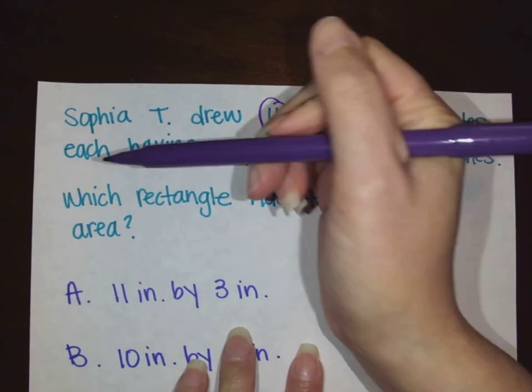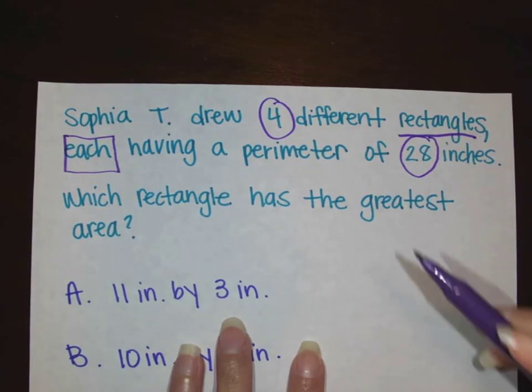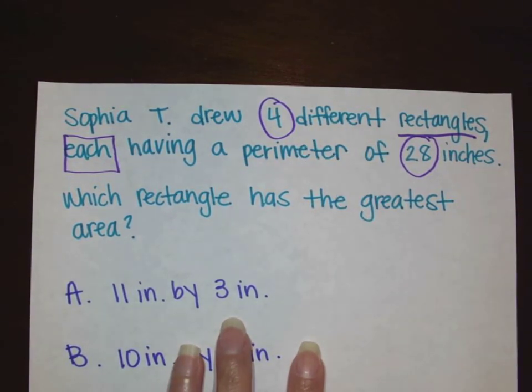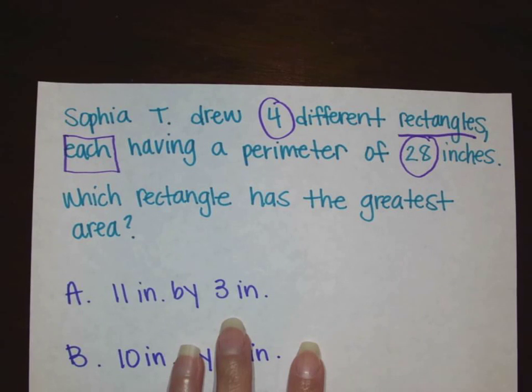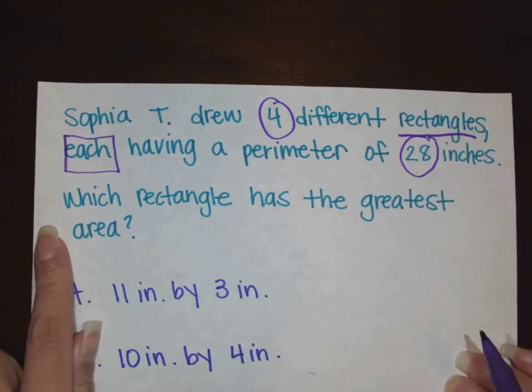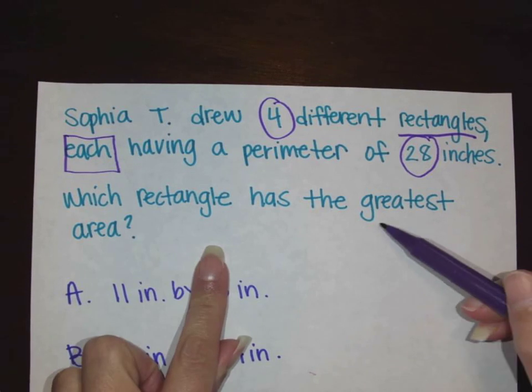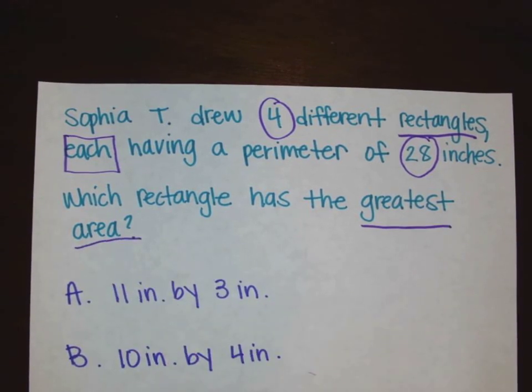All 4 of her rectangles have a perimeter of 28 inches. So all the way around her rectangles have 28 inches. The question says, which rectangle has the greatest area? Oh, that's a good question.